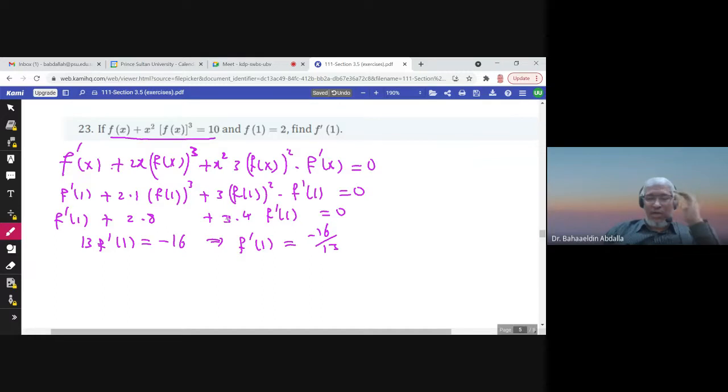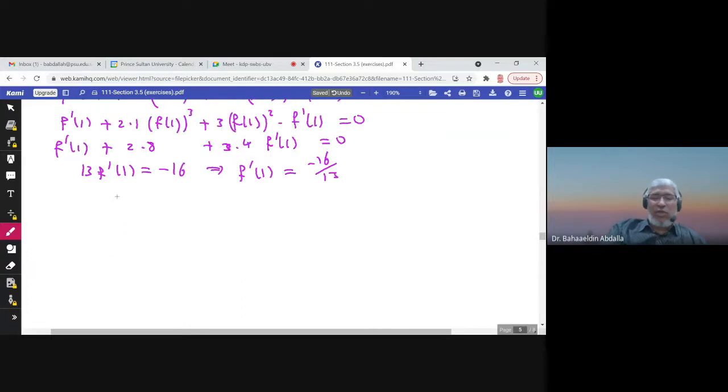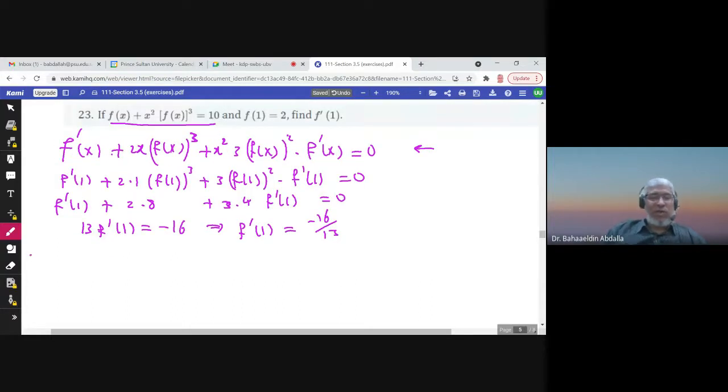You can do it like this, or you can solve this equation as we always do for f prime. You take f prime of x as a common factor. I will solve it in this other method. So I will take f prime of x as a common factor, and I have 1 here plus 3x squared times f of x all squared.